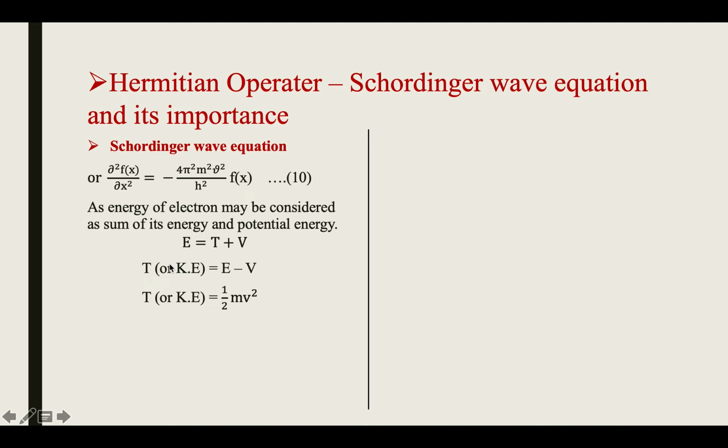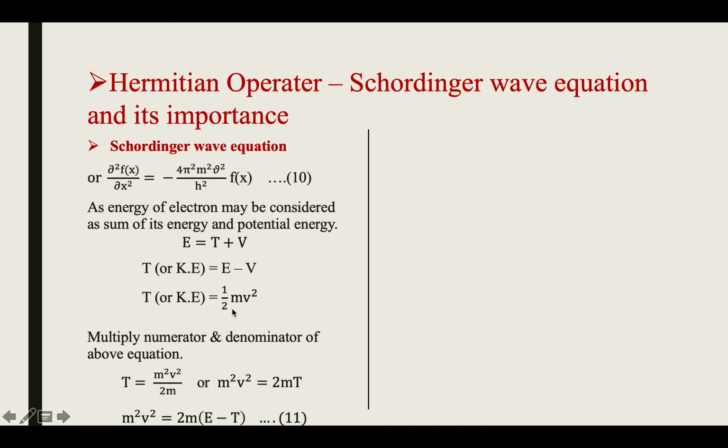So now here we have to calculate the kinetic energy, because once you know the particle velocity and mass, you can calculate the kinetic energy. So T equals E minus V. So here T, the kinetic energy, is equal to half mv².